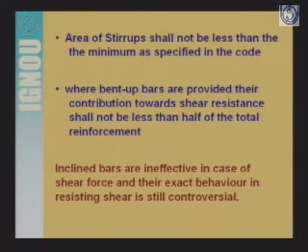Minimum area of stirrups has to be provided. Second thing, code says that where bent up bars are provided, their contribution towards shear resistance shall not be less than the half of the total reinforcement. This is the provision in the code.